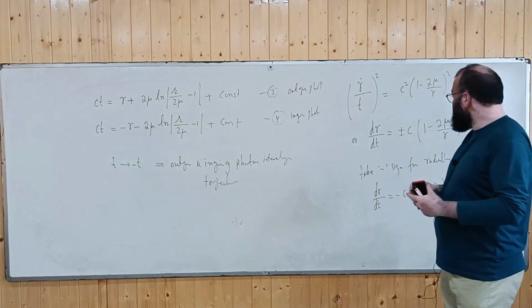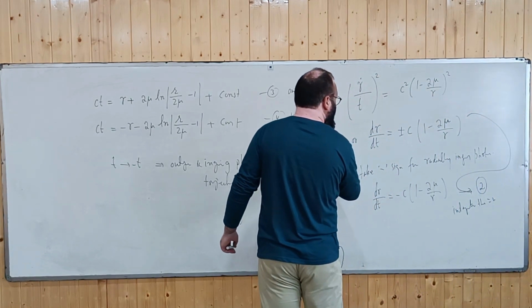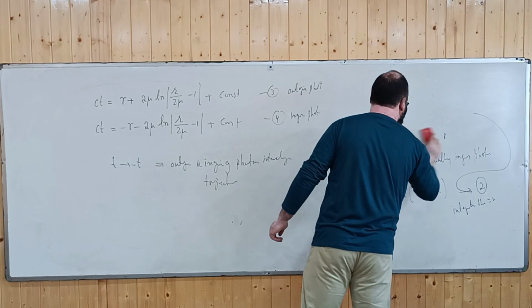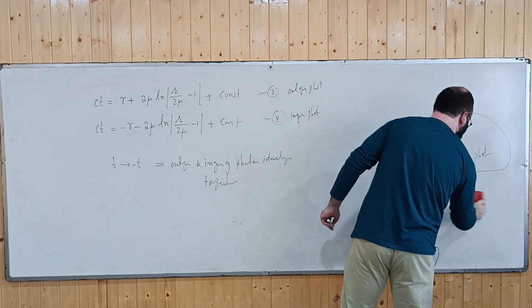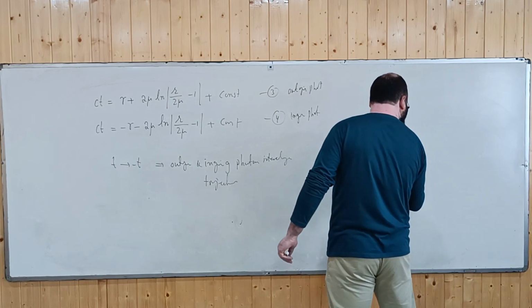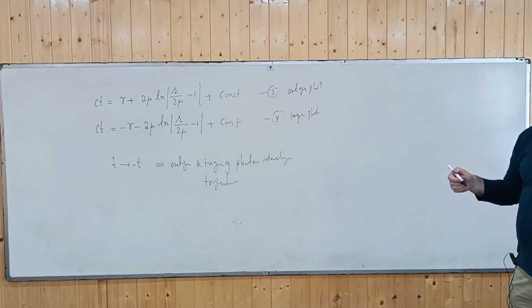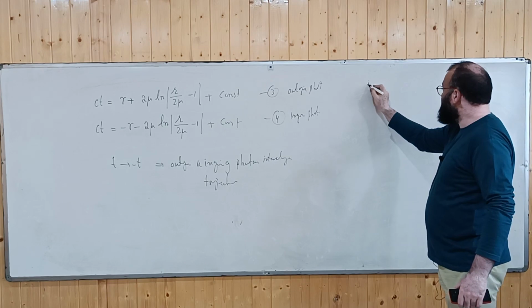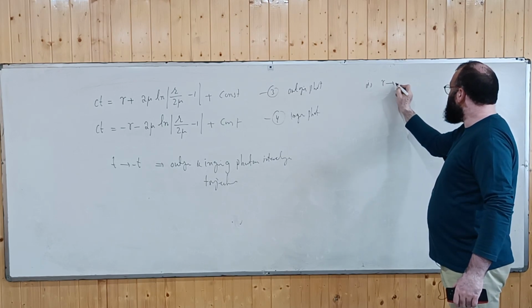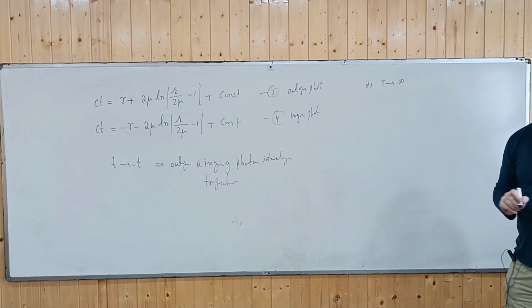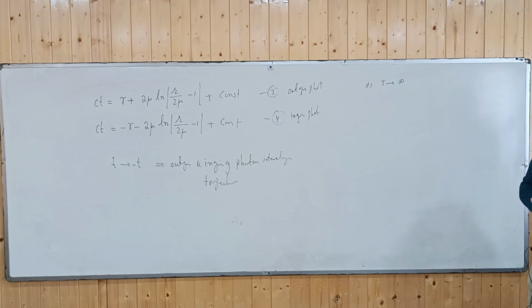So let's draw that. Okay, let me draw it this way. First point is that when r tends to infinity, that means that is where we are looking at this photon.